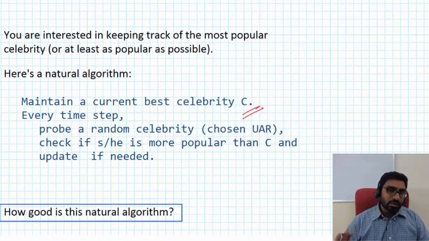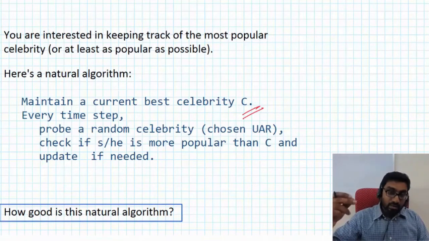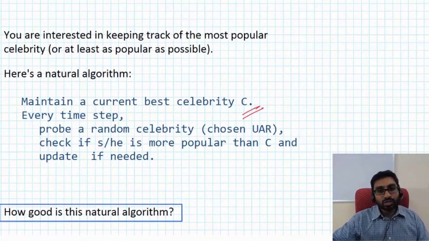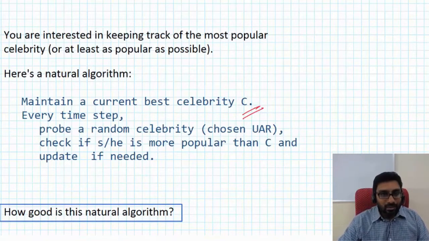Due to the dynamic nature, we may not always report the most popular celebrity, because the moment the current celebrity C, even if he or she is the most popular one, can move down the list due to dynamism, and by the time you correct yourself, it's going to take some time.